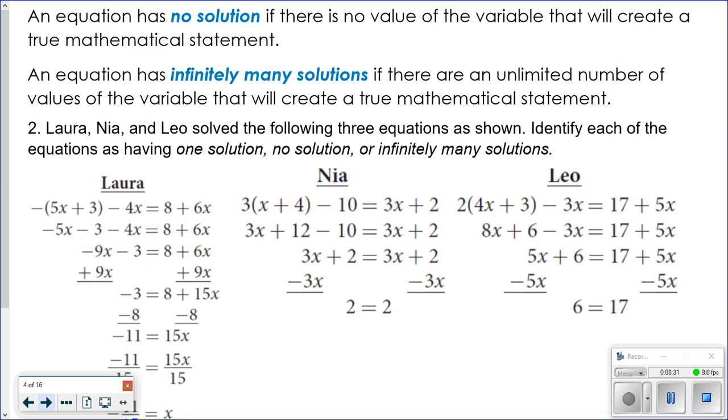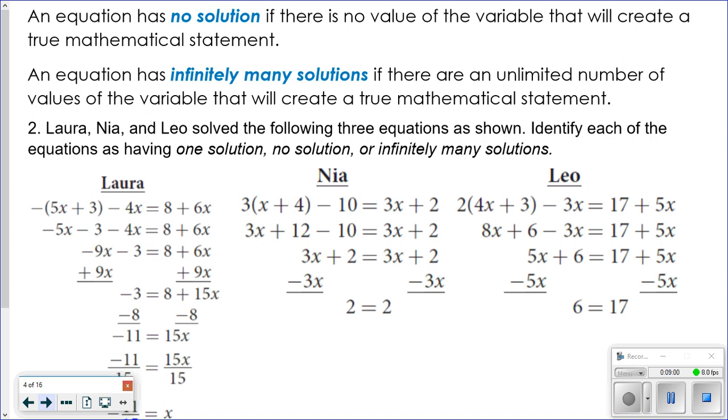An equation has infinitely many solutions if there are an unlimited number of values of the variable that will create a true mathematical statement. So no solution is where there are no numbers that work. Infinitely many solutions is where every single number works. It gives us a true statement.